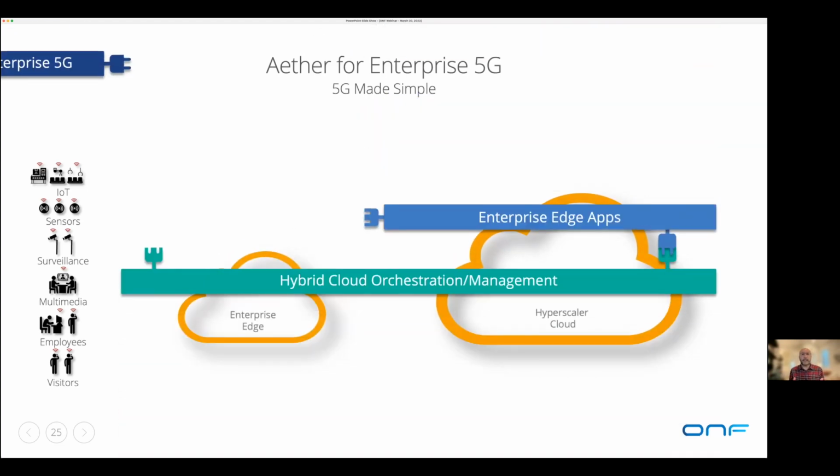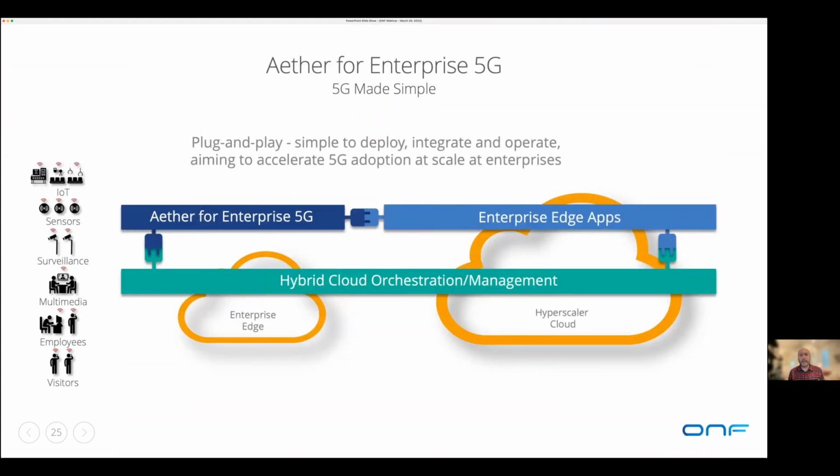With Ether, our foundational starting point has been to make 5G a solution that is simple to consume for the enterprise, a plug-and-play solution, if you will, just like Wi-Fi, and augment the standard 5G features with unique features that our software-defined networking DNA brings.